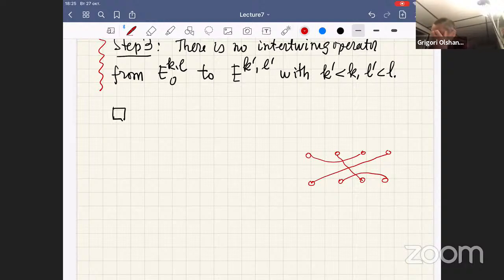So the arguments are a little bit more intricate here because it's not sufficient to use the Schur-Weyl duality. We need to apply some other results which are related to the so-called first fundamental theorem of invariant theory for the orthogonal group. And there is a parallel theory related to the symplectic group. So I don't want to discuss it in detail.